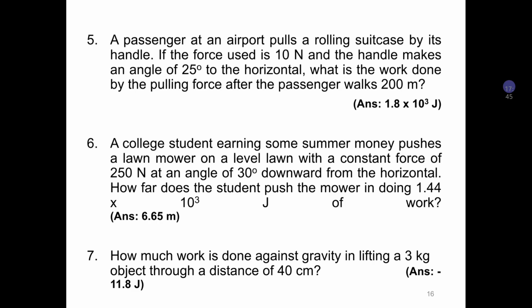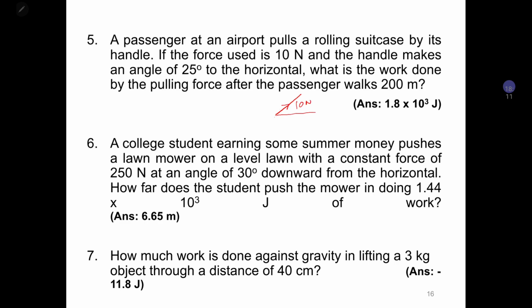Another example. Question number 5. A passenger at an airport pulls a rolling suitcase by its handle. If the force is 10 Newton and the handle makes an angle 25 degrees to the horizontal, what is the work done by the pulling force after the passenger walks 200 meter? So this is the handle of the suitcase, 10 Newton.